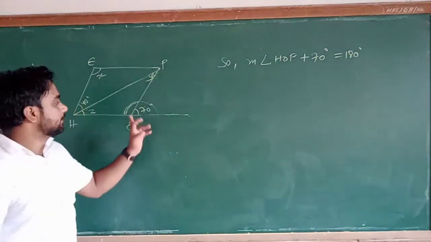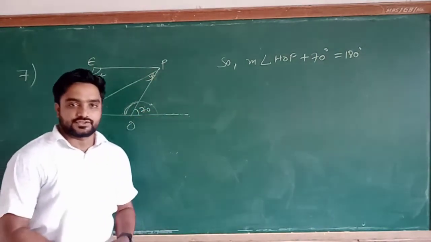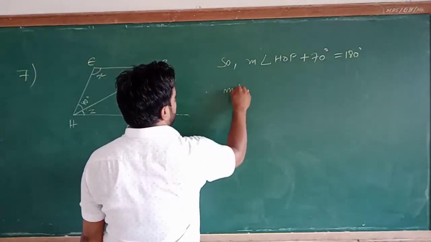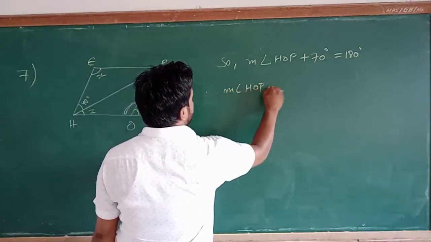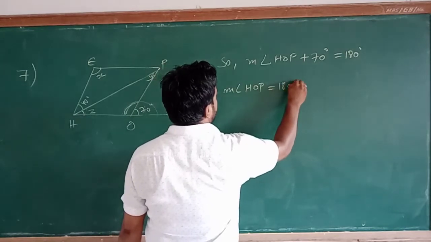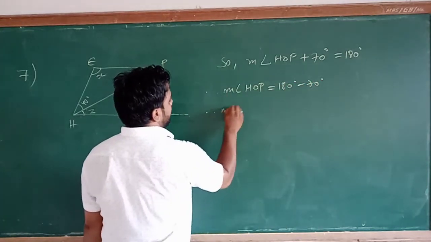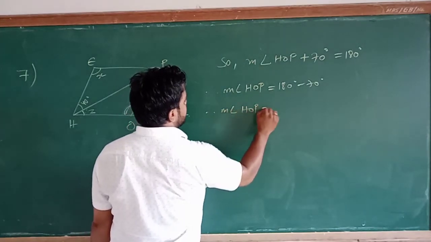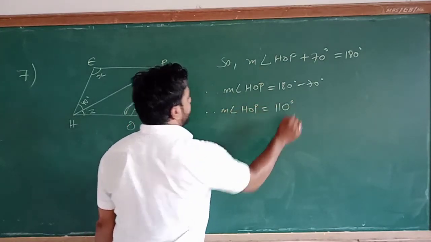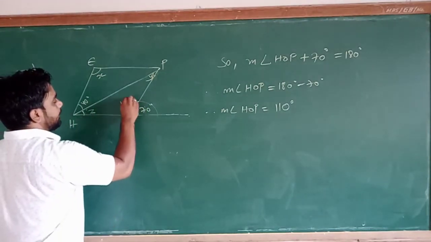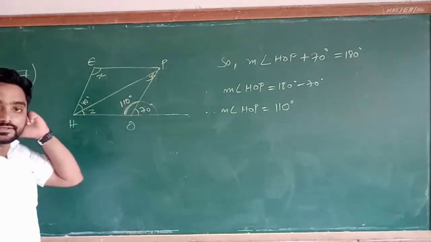Why? Because this angle is a straight angle. Understand or not? So therefore measure angle HOP is equal to 180 degree minus 70 degree. So therefore measure angle HOP is equal to how much? 110 degree. Okay, तो ये एंगल मेरा कितना होगा? 110 degree. Understand or not?